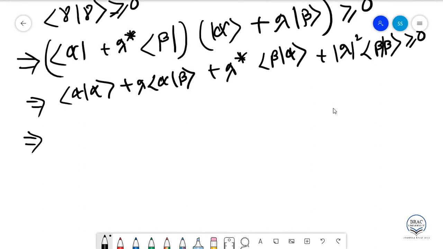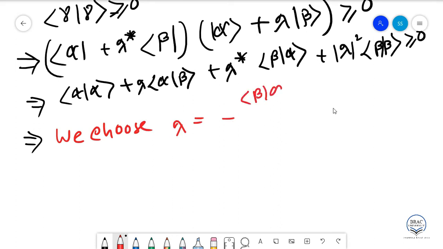And in the next line we are going to choose lambda to be minus beta alpha divided by beta inner product with itself. Why have we chosen that?